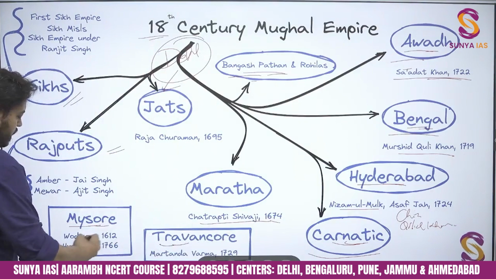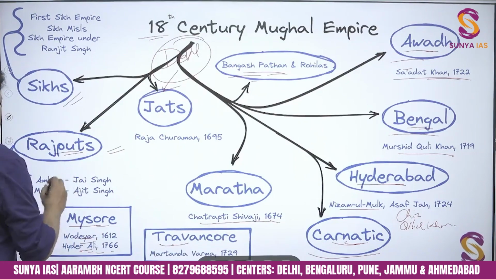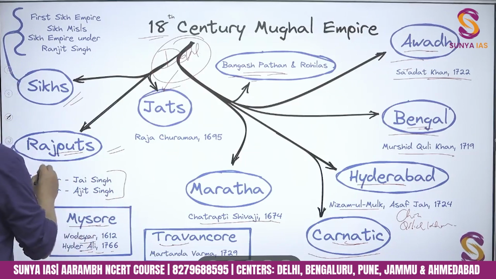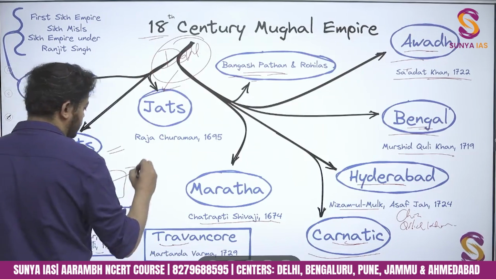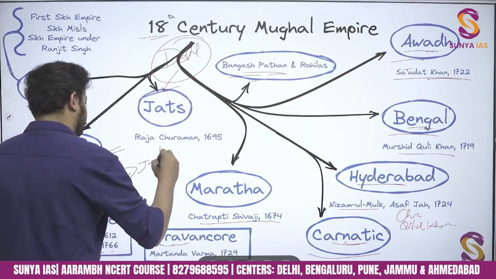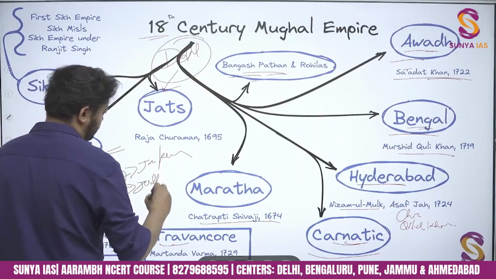Mysore, Wadiyas, Hyder Ali, and Rajputs. There are two important players here: from Amber, Jai Singh, and from Marwar, Ajit Singh. So basically, Jaipur Jai Singh and Jodhpur Ajit Singh.